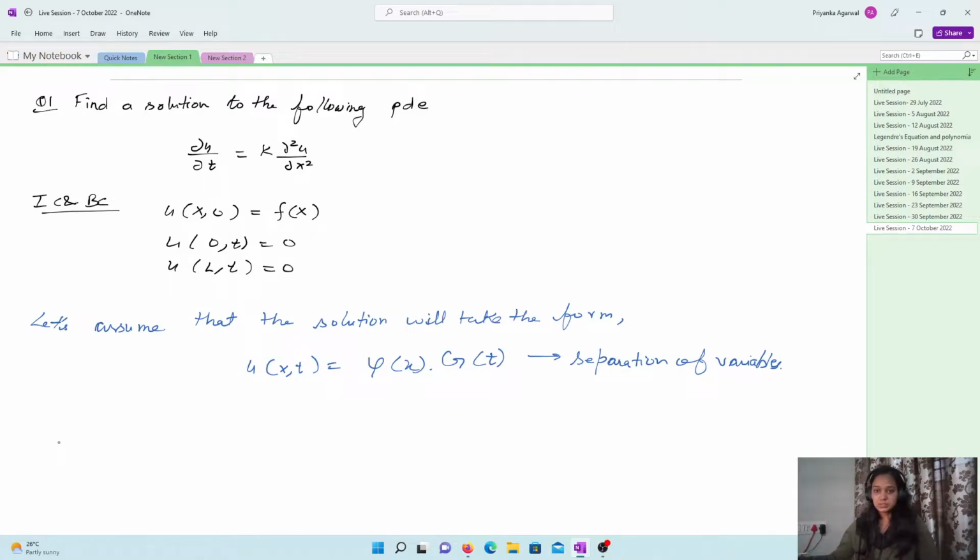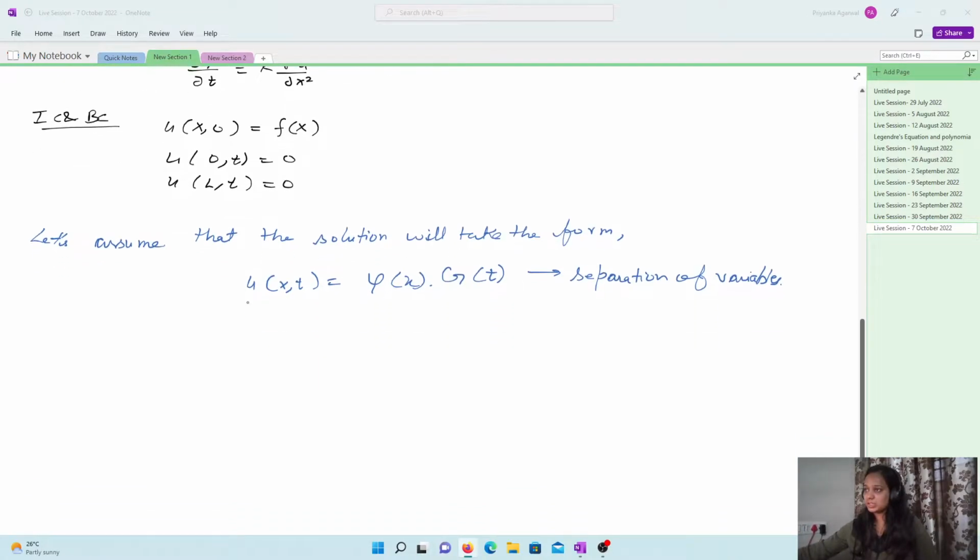Okay, so now we have to apply this transformation to the given equation to solve it. So let's plug this into the given differential equation, and let's see what we get.